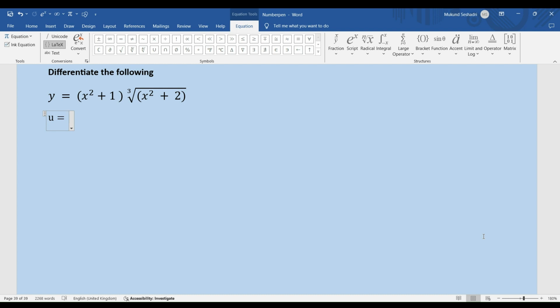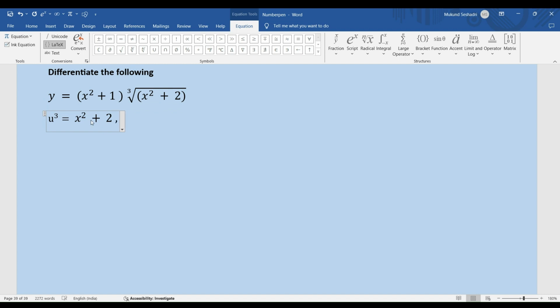Here I'm going to do a slightly different substitution because, remember, we'll have to get rid of the cube root, like we spoke earlier. I'm going to make the substitution u cube equals x square plus 2. Right? So this is the substitution I'm going to make: u cube equals x square plus 2.